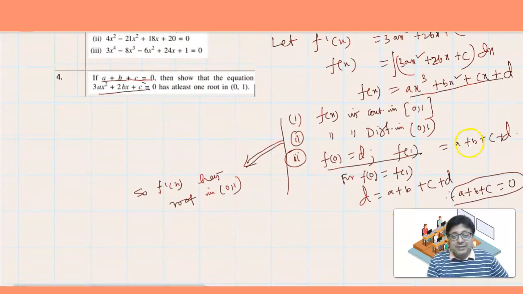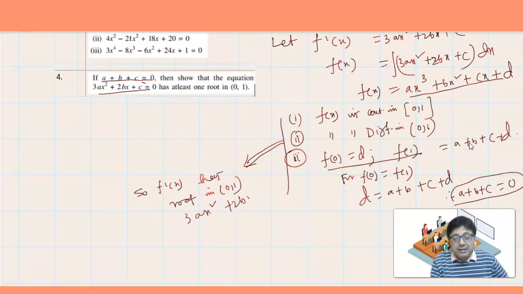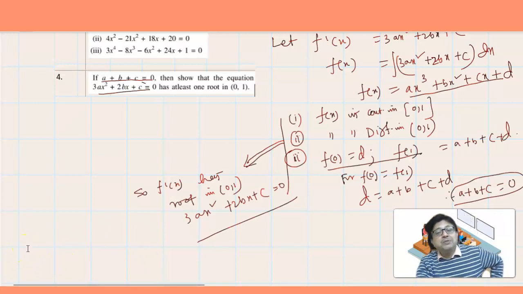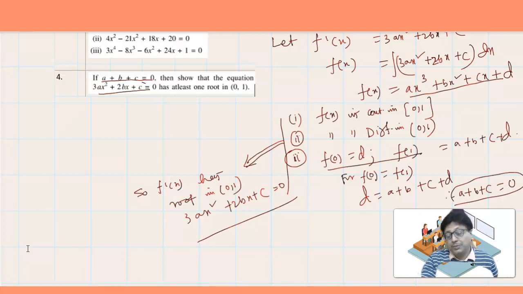That is 3ax square plus 2bx plus c, and this has a root between 0 and 1. Alright. So this way you can use Rolle's theorem to segregate roots of f'(x) when f(x) is known and vice versa. When f'(x) is known, you can find f(x) and roots can be predicted.